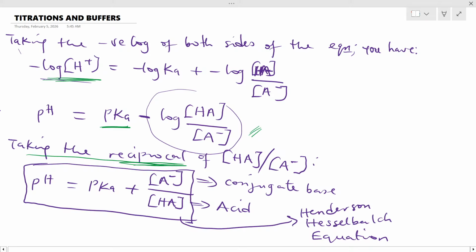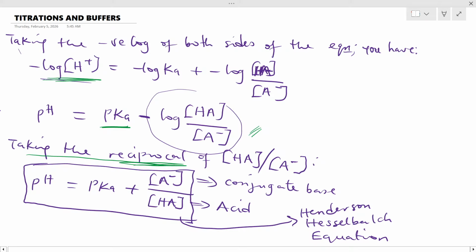And of course your negative sign in taking the reciprocal will automatically also change to what? Positive sign. And what that gives you is exactly your Henderson-Hasselbalch equation, which becomes pH equals pKa plus.